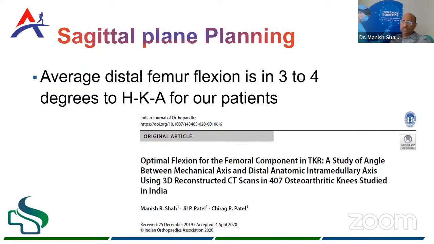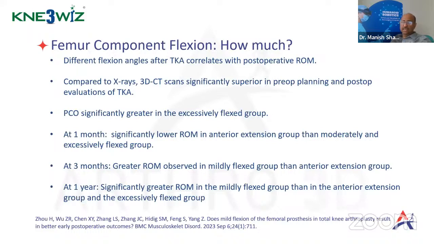In our own study of the angle between the mechanical axis and the distal anatomic intermediary axis in 407 osteoarthritic knees, we came up with the same results. We should aim for 3 degrees of flexion to the mechanical axis, and we should aim to be parallel to the anterior cortical line distally.